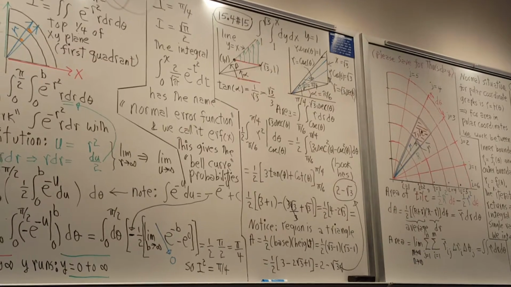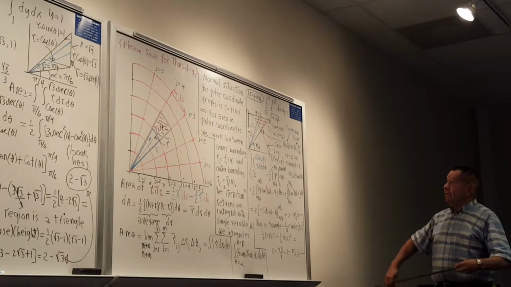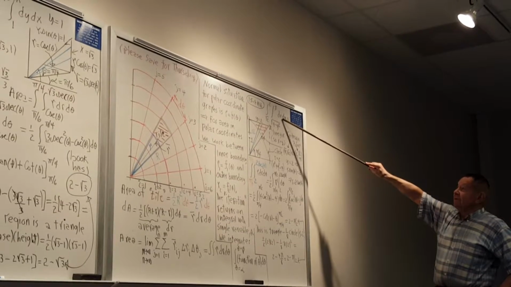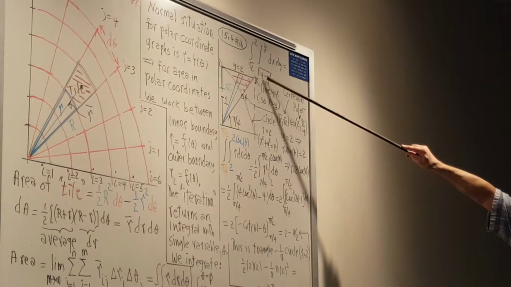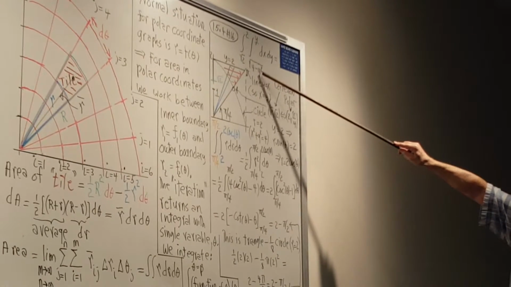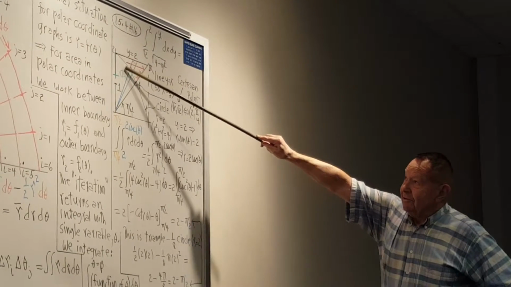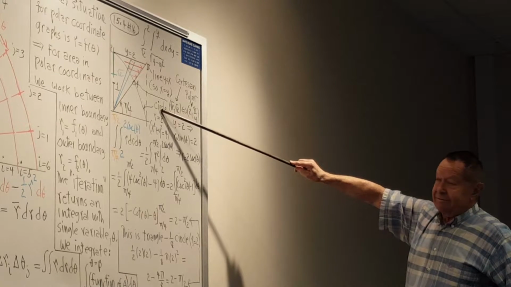Okay, look at 16. So this says that the x's are running from x equals square root. So x squared is 4 minus y squared. So x squared plus y squared is 4. So the x, this inner boundary is really the circle.